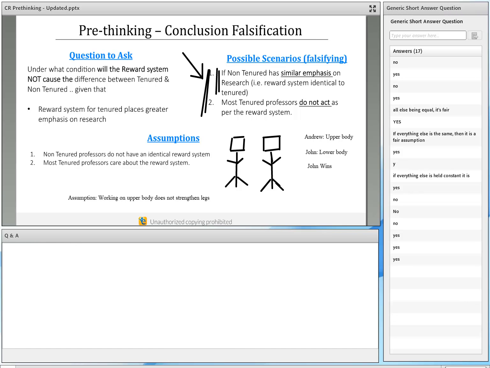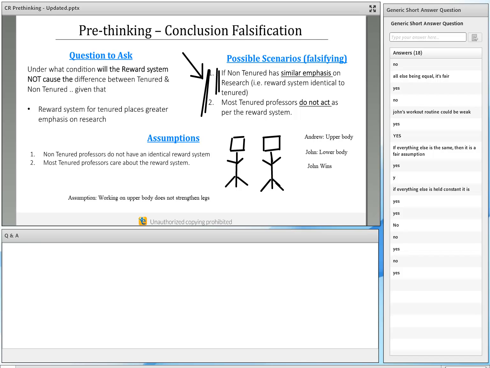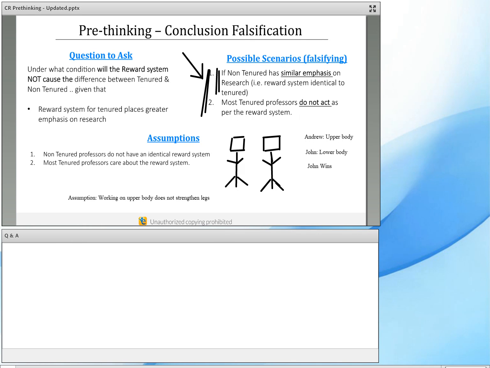Why? Because let's say working on upper body does strengthen legs, but do you think, and let's make this guy Andrew, and I'm going to move the short answer pod over here. And again, that's why I said this is a difficult concept. So it's a comparative concept. So this guy is our Andrew, and this guy is John.